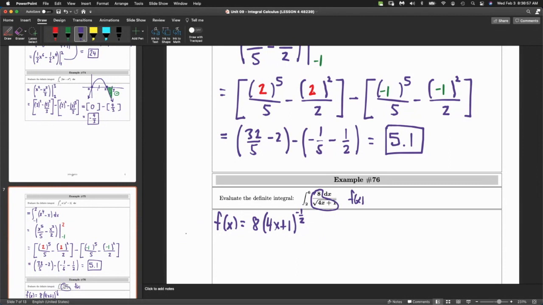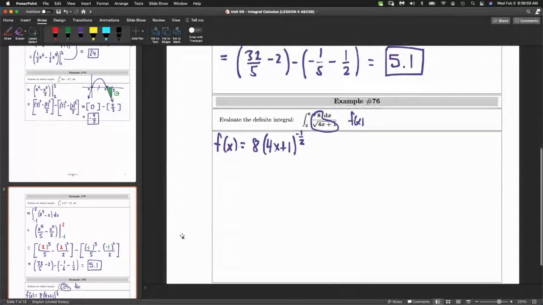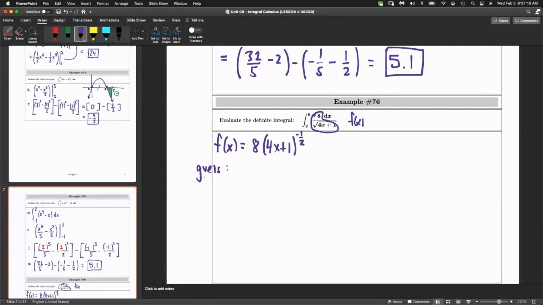And I know that it's not the way that some people like, but this is the way that I've been doing it because it's how the book does it as well. So I'm going to guess the antiderivative. It is going to be this thing here, and then you add 1 to the exponent.